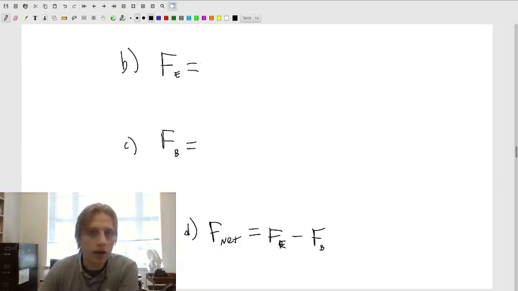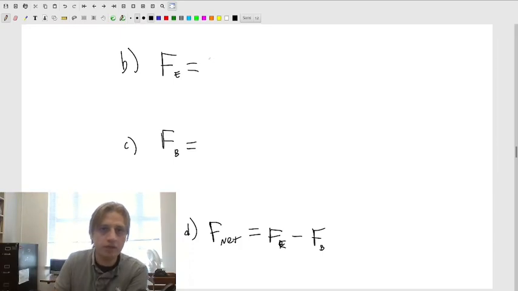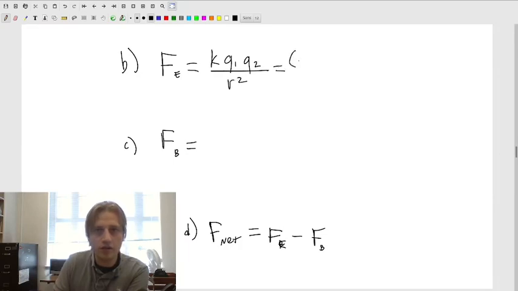So how do I find the force of the electric field? Well, I can use Coulomb's law, which is K times Q1 times Q2 over R squared. So that is going to be your 8.99 times 10 to the 9th newton meters squared over coulombs squared.